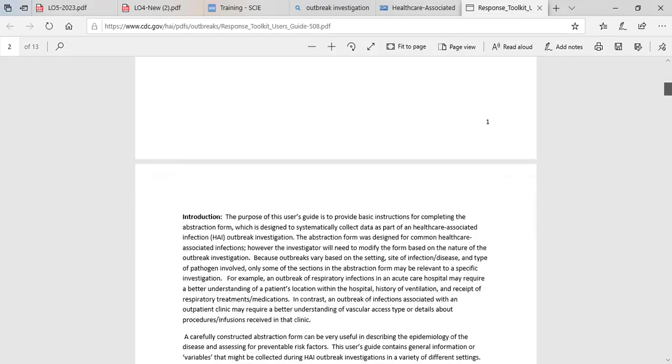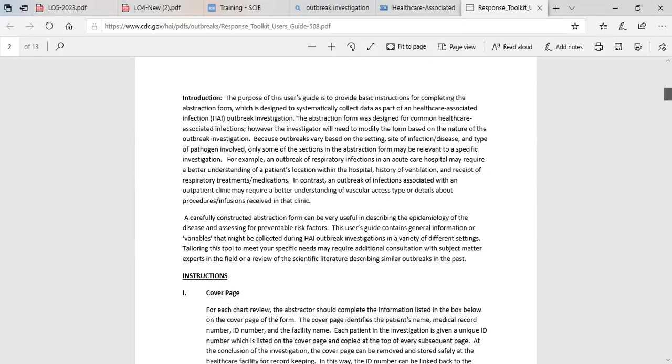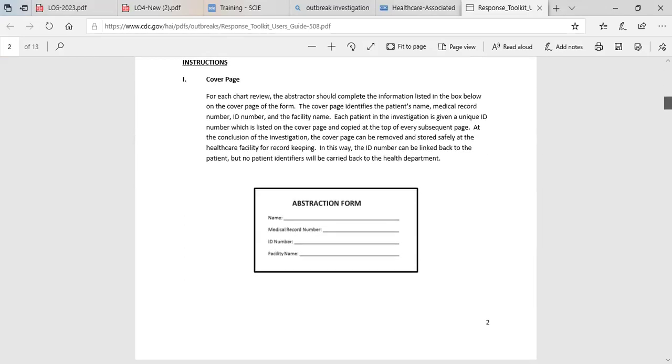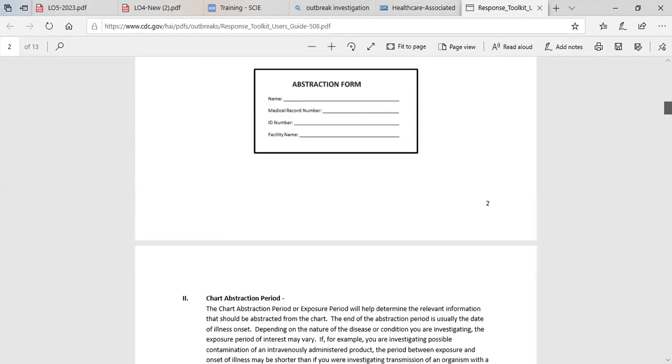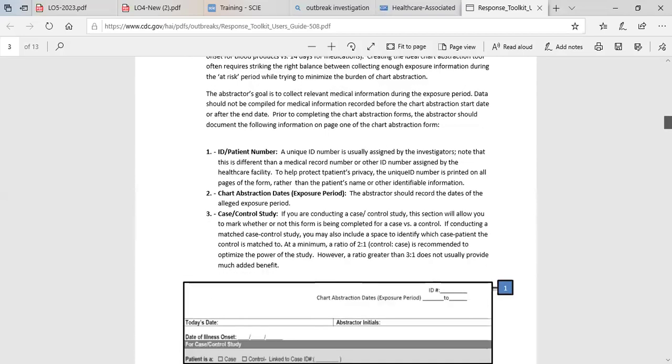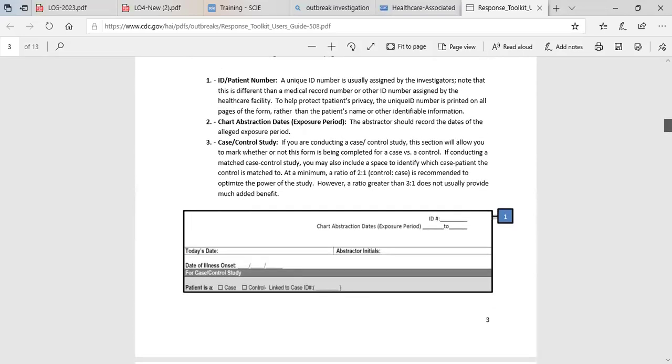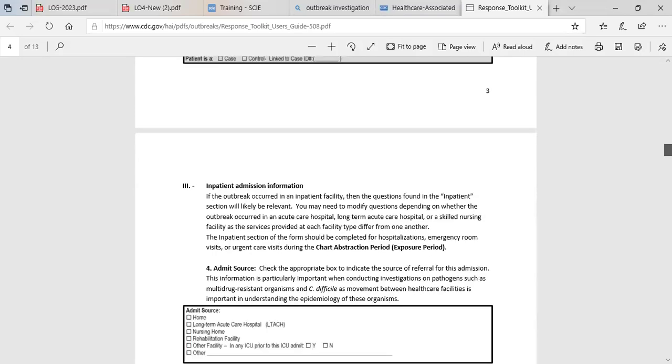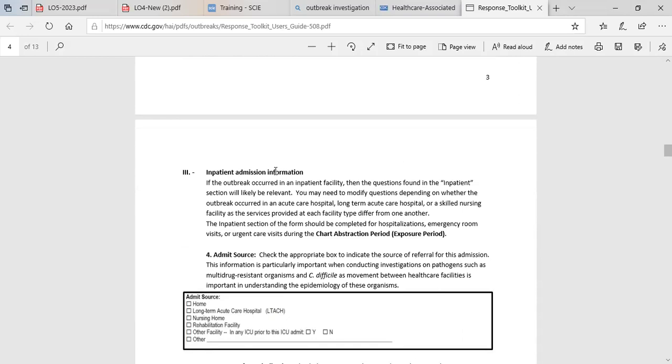So this is a guide that tells you about how an infection or an outbreak can be controlled. It's very valuable. You have different cases here, and a whole list of inpatient admissions form. This whole guide is there to help you develop this form.